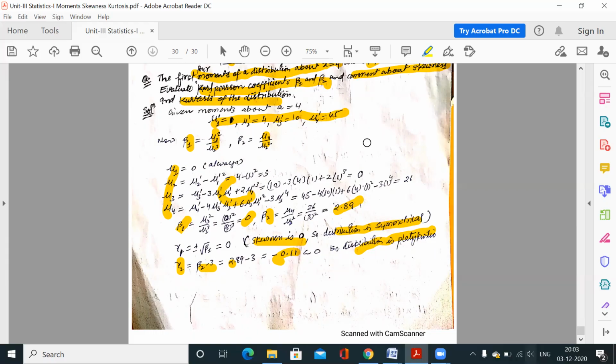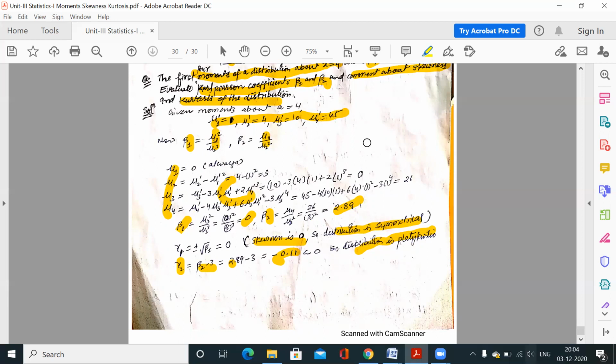So measure of central tendency tells us about the single value around which we expect all the data points to be concentrated. And the measure of dispersion tells how far the points are from the central value, means how the points are scattered around the central value. And the third one is skewness, which tells us the asymmetry of the data around the central value, means how many points are on the left hand side and the right hand side of the central value.